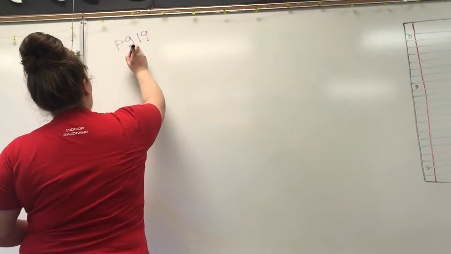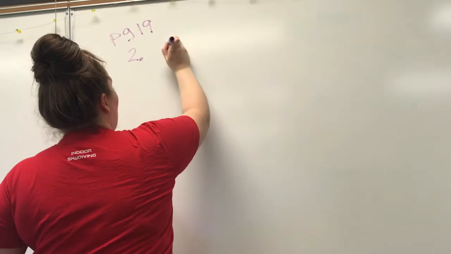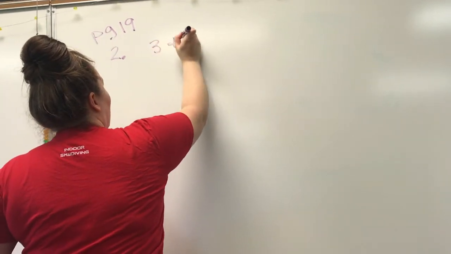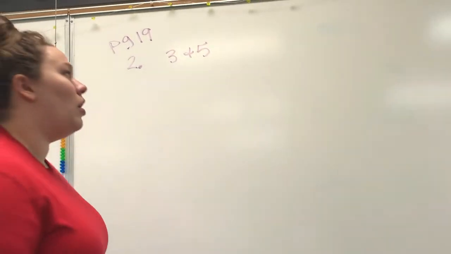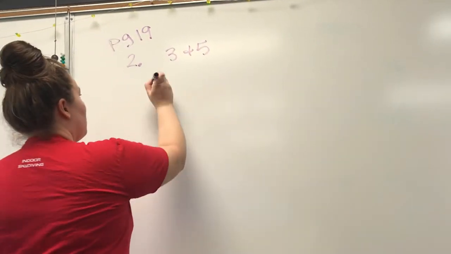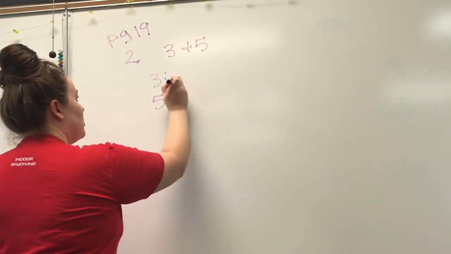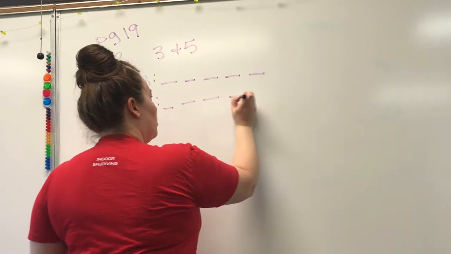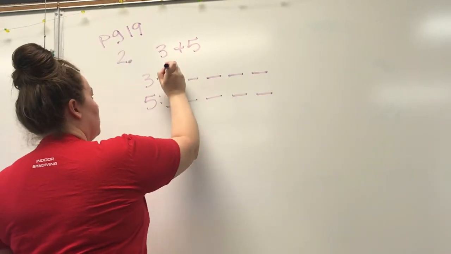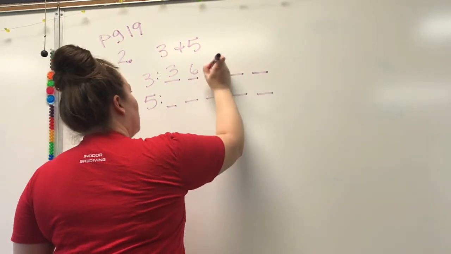I'm starting with number 2, and it wants to know the least common multiple of 3 and 5. Okay, so I'll do the dots the first time. 3 and 5, 2 dots, 2 dots, and at least 5 blanks. 3 times 1, 3. 3 times 2, 6. 3 times 3, 9.